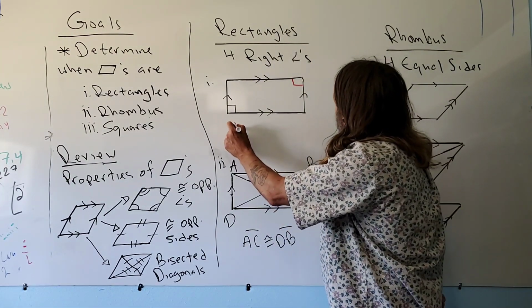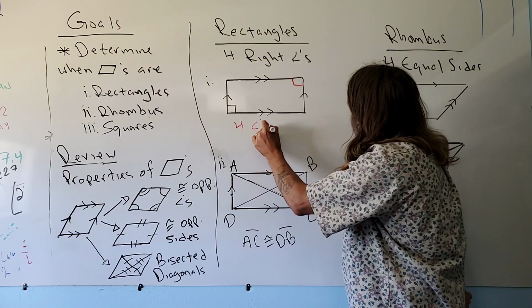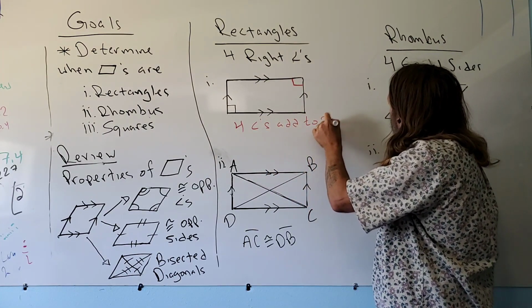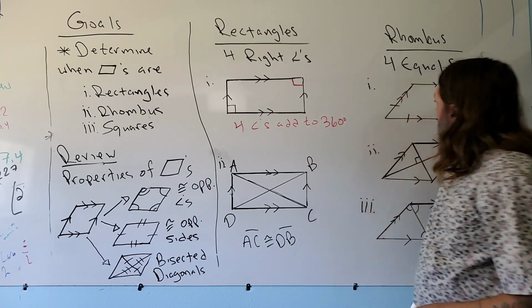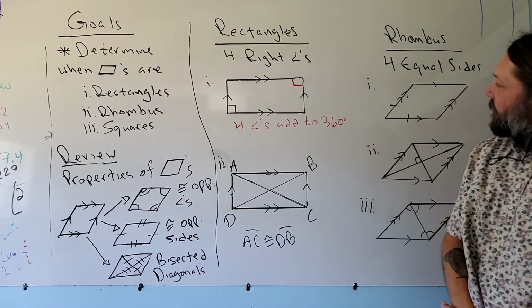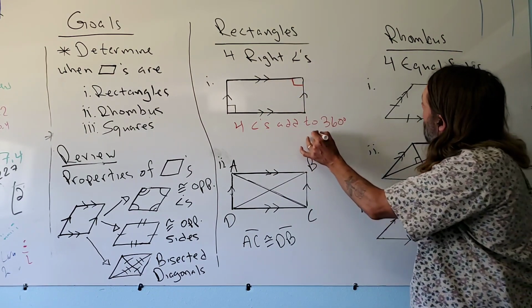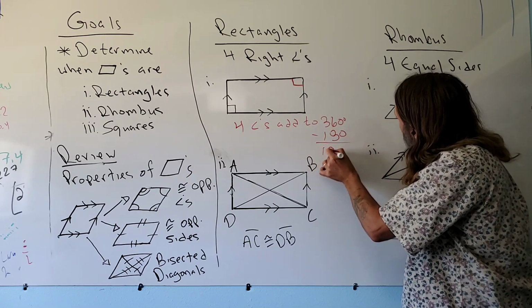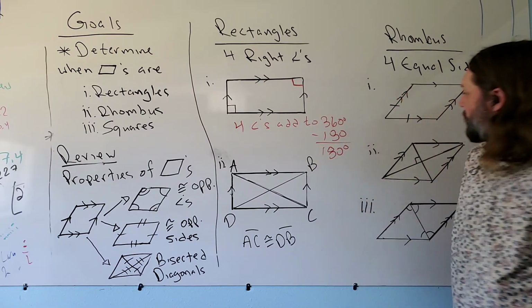So the 4 angles add to 360. Now we've got 2 of the angles taking up 180 of that, right? So that means that the remaining 2 angles have to add up to 180 degrees.